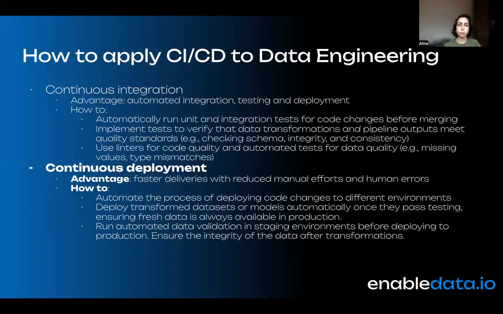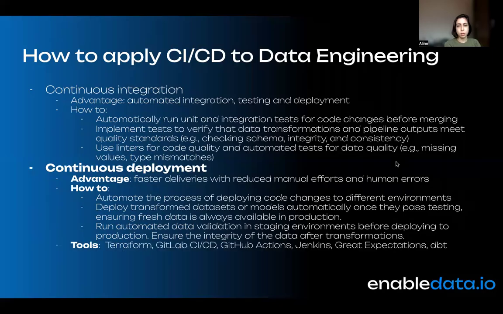If you have development, staging, and production environments, it's easier to actually apply CI/CD, because if you merge your code to a staging environment before production and then run data validation tests there, you can be more sure that it won't break production and won't affect downstream stakeholders. That ensures the integrity of data after the transformations.